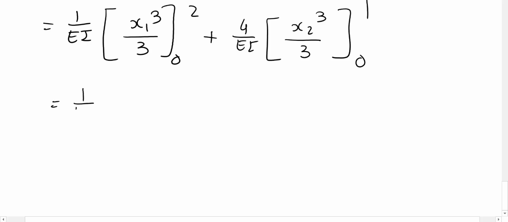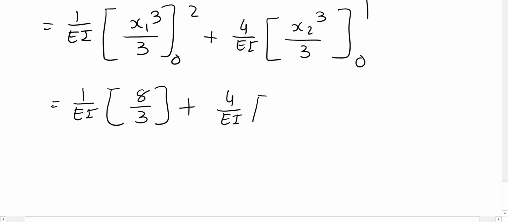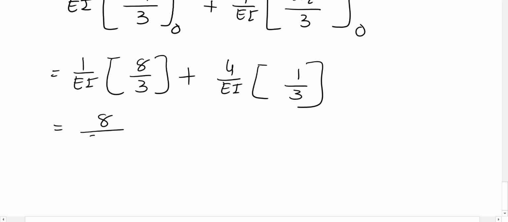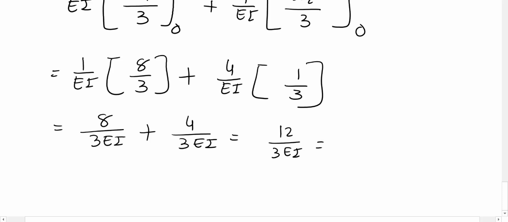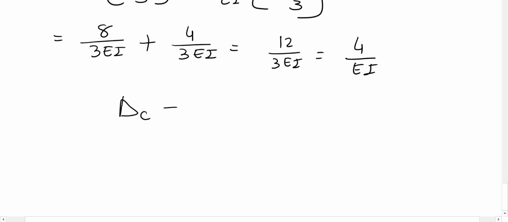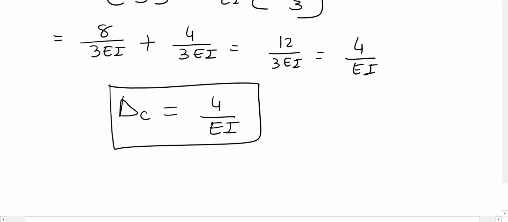Simplification gives 8 on 3 EI plus 4 on 3 EI, which gives us 12 on 3 EI, which gives 4 on EI. So the deflection at point C equals 4 on EI. Thank you very much.